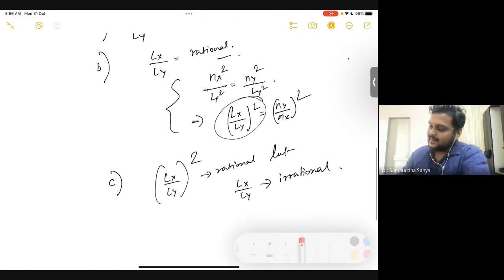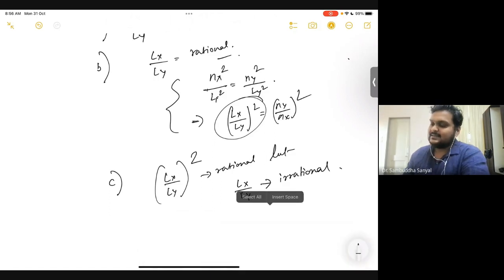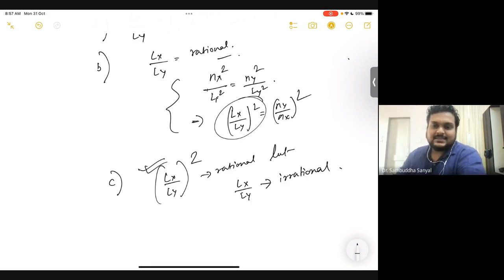Now it can happen that Lx by Ly is irrational. Let's say Lx by Ly you have chosen such that it is root 2, but the square is 2, so the square is rational. Or any such weird combination, think of root 3 by 5 and the square is 3 by 5. As you can see, it is the square that determines the degeneracy, not the ratio itself.